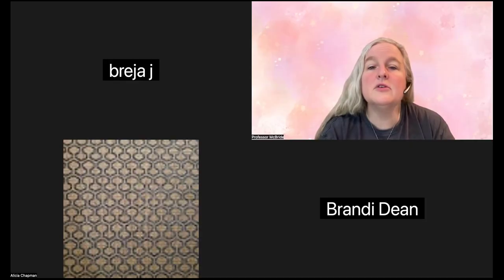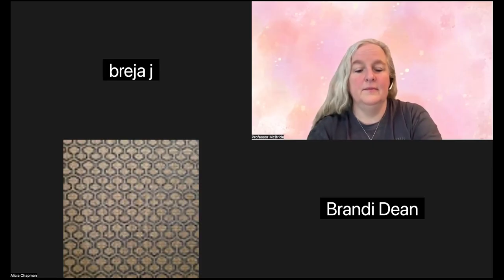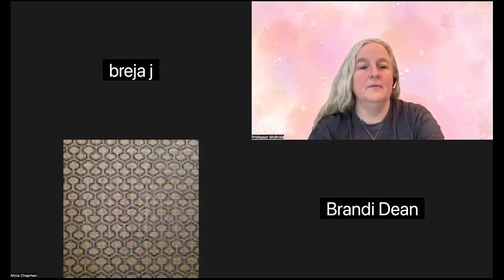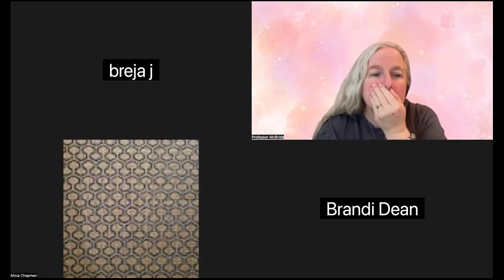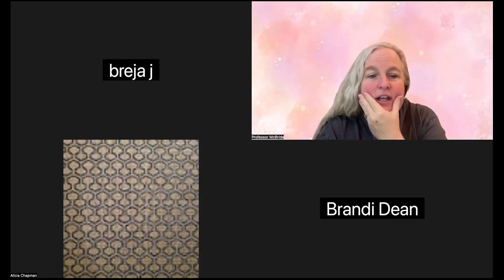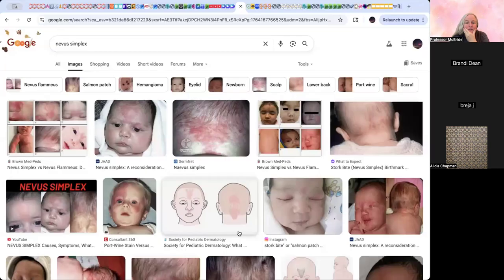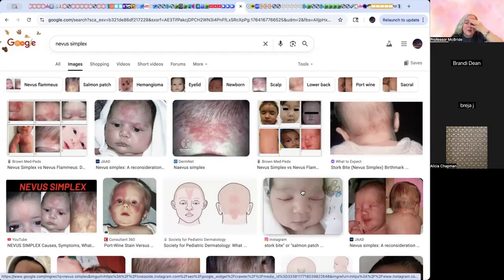Let me see if I can get a picture. It's often on the nape of the neck, but when I search now, I see lots of different places, like the forehead. Sometimes we do see it here. My boys both have it on the back of the nape of their neck.